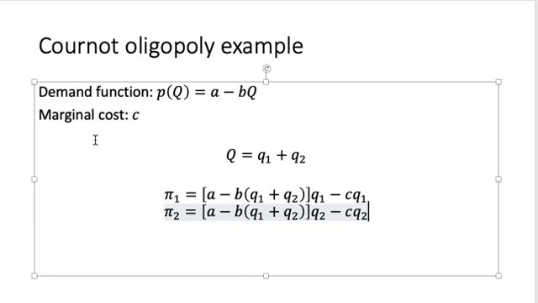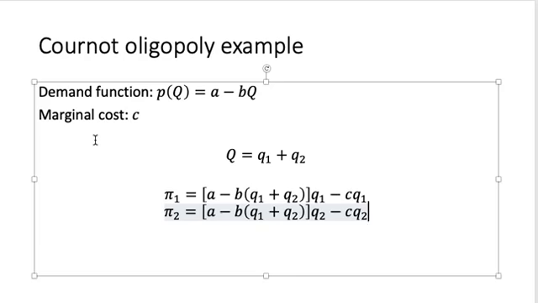If firm 1 produces too much, of course it would get higher revenues, but at the expense of firm 2, because firm 2 will be receiving a lower price for its output. Same goes for firm 1. If Q2 produces too much output, firm 1 will be facing a lower price, and if it doesn't produce as much output, then it'll get lower profit.